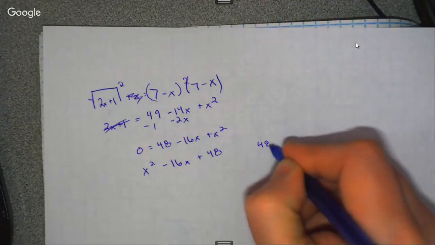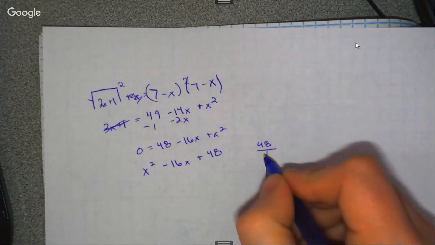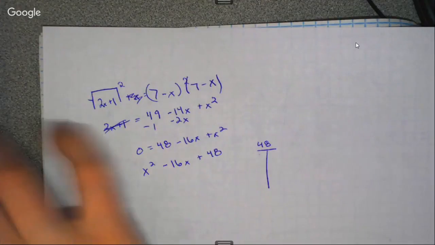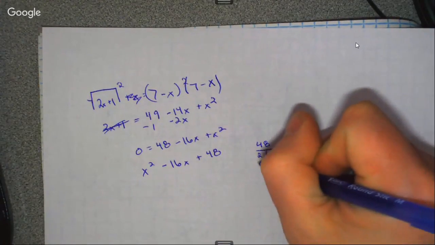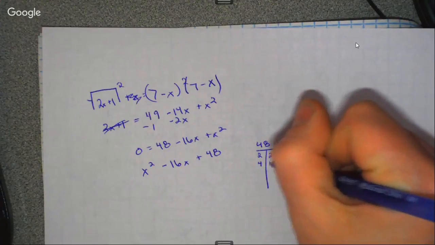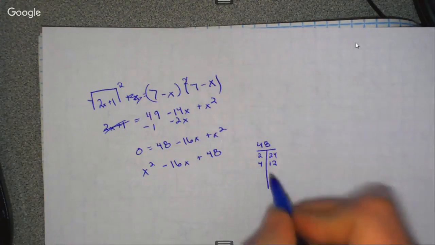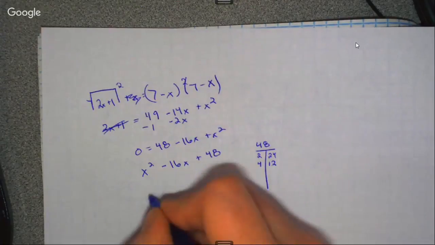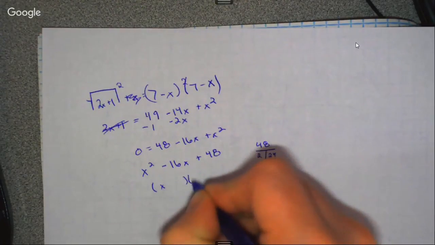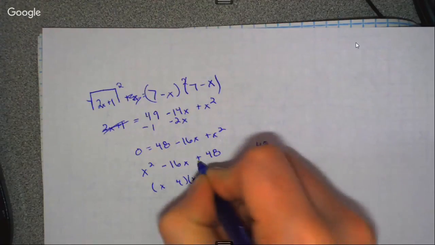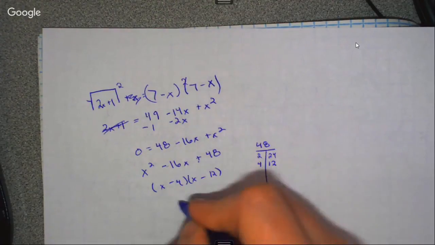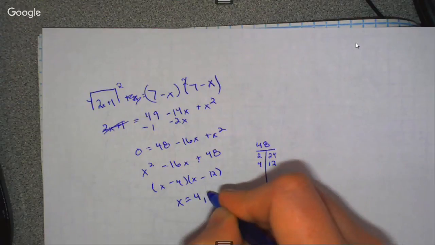Out here, write 48 and just start thinking of the ones. So you got 2 and 24. You got 4 and 12. Okay, well, right there, those two add to 16, so you're done. So you got x, 12 and 4. Signs are the same, they're both negative. So x is 4 and 12.